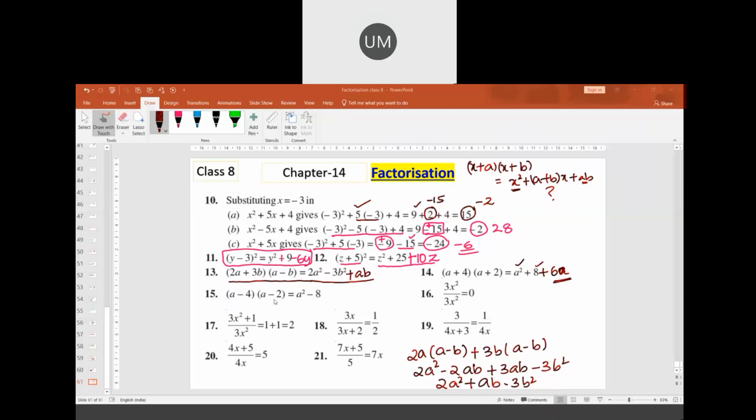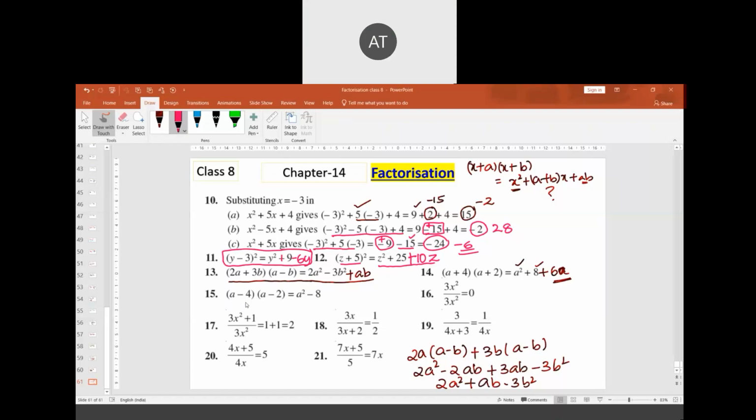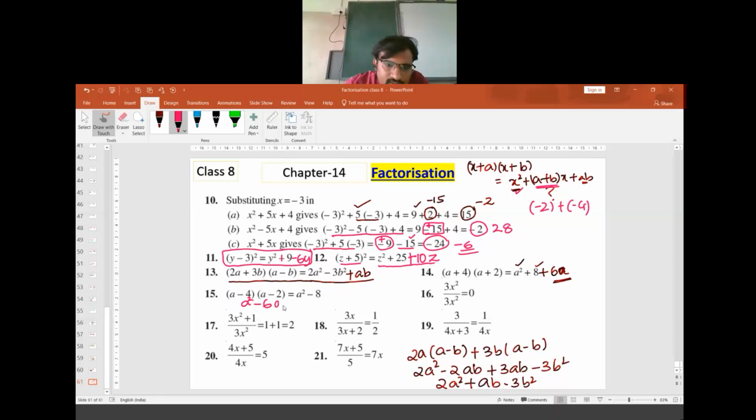a minus 4 multiplied by a minus 2. Sir, one more term is missing, sir. What is that term, sir? The minus 6a. I say that still it is wrong. The reason is a square is x square, and minus a plus b is minus 4 minus 2, so it should be a square minus 6a plus 8, sir.